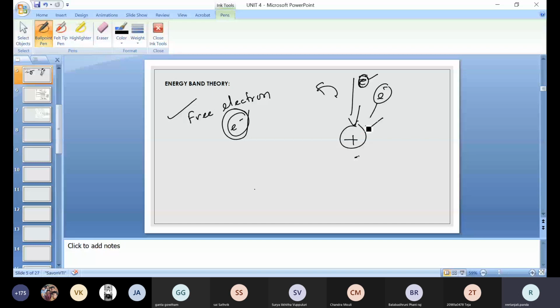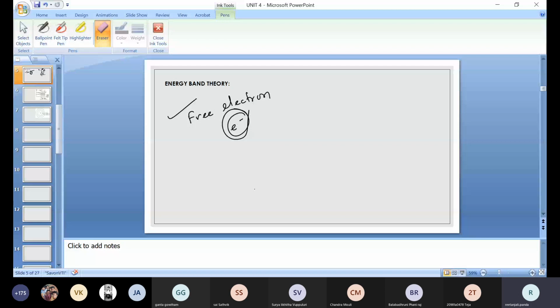That is a free electron. So in a metallic bond we see there is a free electron cloud, and randomly these positive ions are there, which make sure the electrons are present in a particular cloud format. That is a free electron.